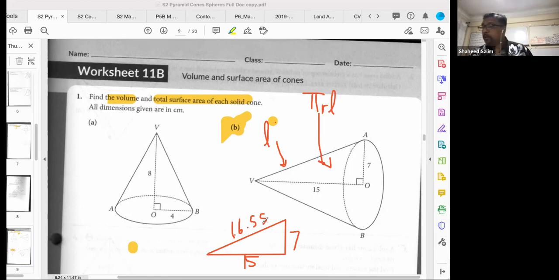Okay, I think so. Yes, 16.55. Okay. So what to do? Find what's the curved surface area. Find the area down here.